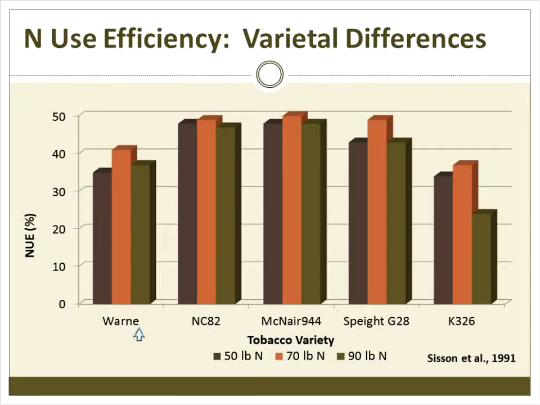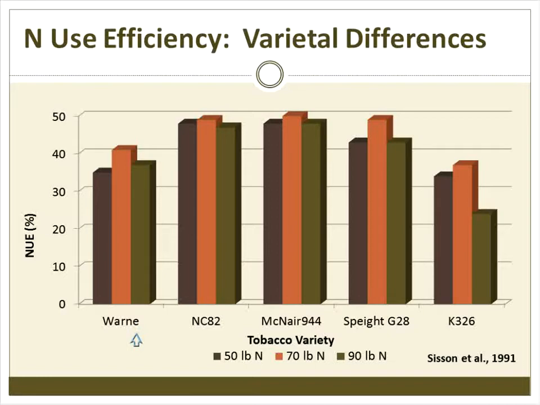The primary thing you see is that we've got 5 different tobacco varieties: Warren, NC82, McNair, Spite G28, and K326.